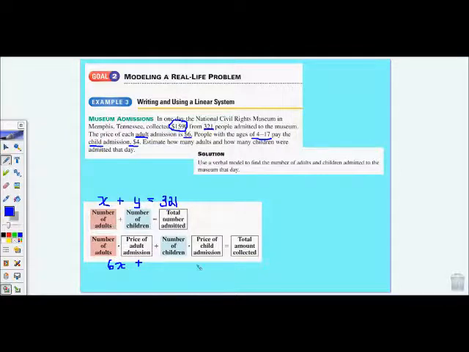We're going to add that same kind of price of child admission to the number of children. And so we have $4 for each child, and we let that have the variable y. We do know that the total that was collected is 1,590.